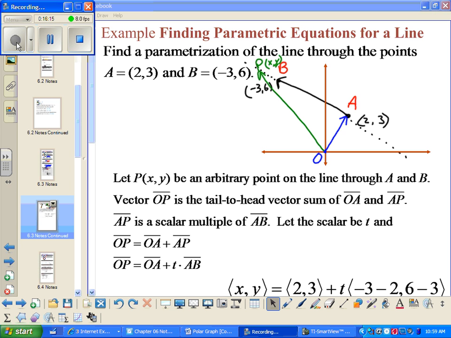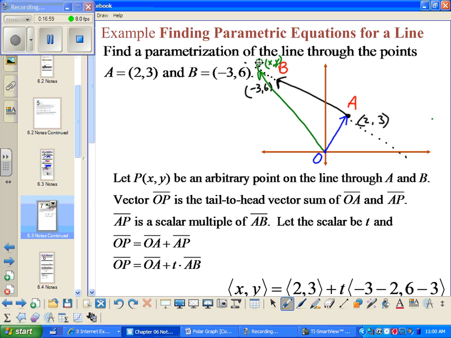What you need to realize and know is, if you let some point P (x, y), which is what we have here in green, be an arbitrary point on the line that goes through line AB, which we're trying to find the parametric equation for, then vector OP is the tail-to-head vector sum of OA and AP, where AP is a scalar multiple of AB.